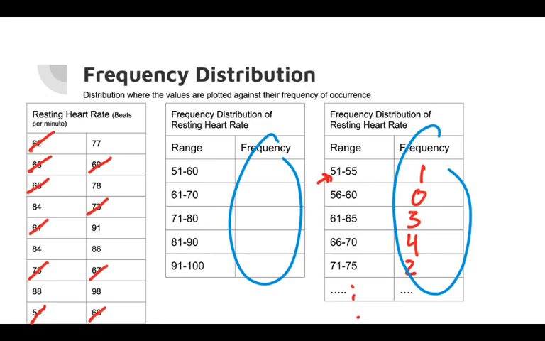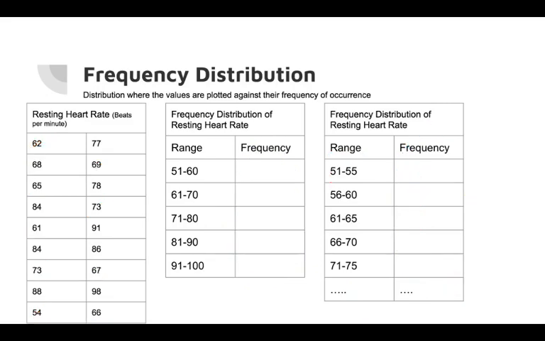You need to be really careful how you pick these ranges, because it'll change your story a little bit. The distribution doesn't change, but the way that you plot these does change. Okay, so this is what a frequency distribution looks like.